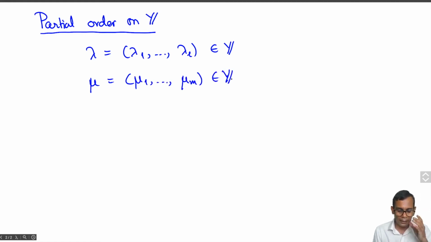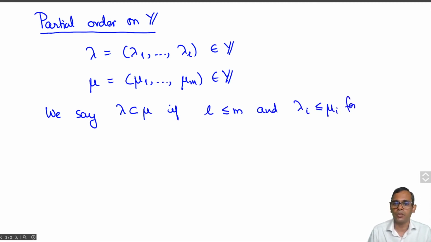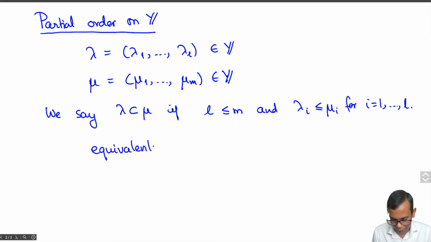Then I say that lambda is contained in mu if firstly L is less than or equal to m and lambda i is less than or equal to mu i for i going from 1 to L. In terms of Ferrers diagrams, this is saying that the Ferrers diagram of lambda is contained in the Ferrers diagram of mu.